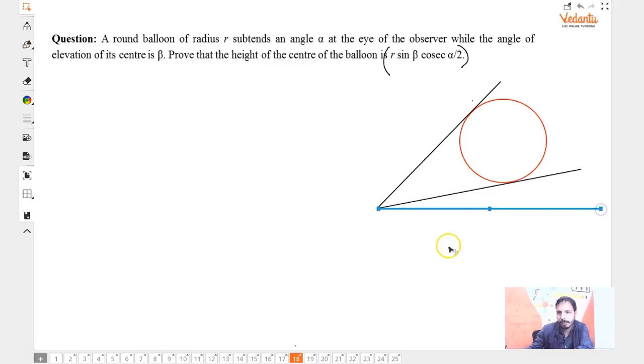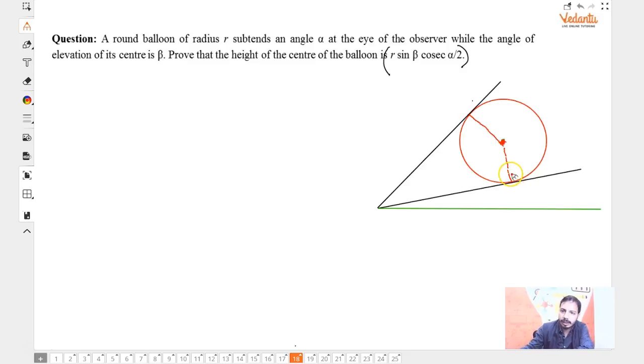Okay, fine. So now, what is said is the round ball of radius r. So you see guys, say this is the center. If this is the center, let me say this is the radius, and this will also be the radius here.